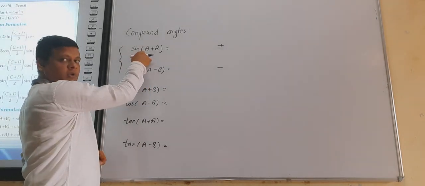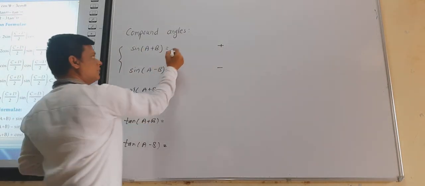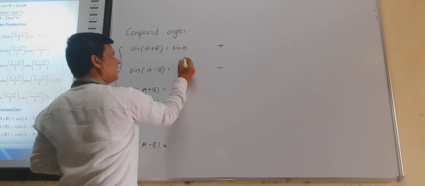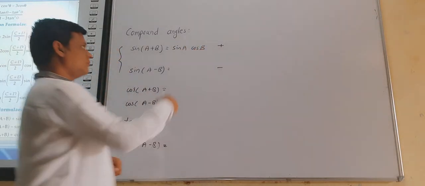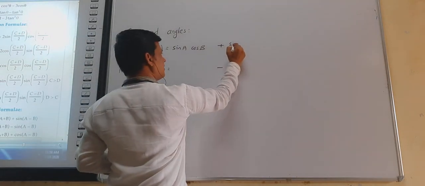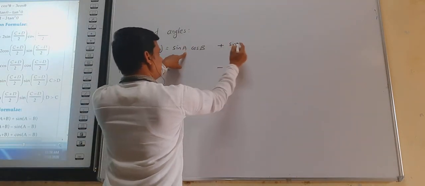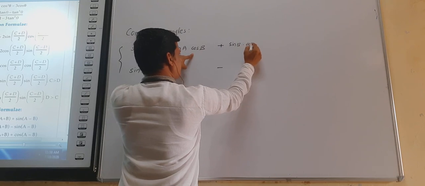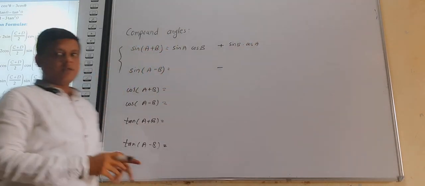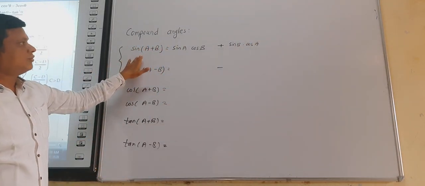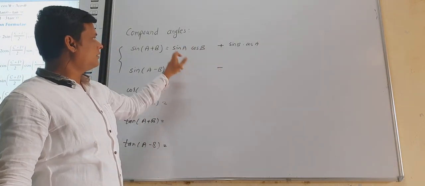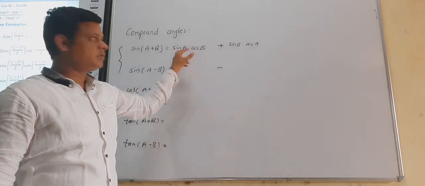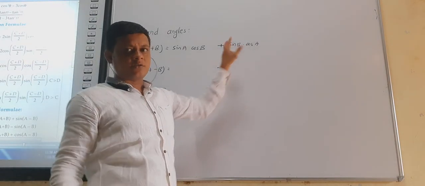In the sin formula the ratios are different: one ratio is sin, another ratio is cos. If the first ratio is sin A, we have to write cos B next, and then cos A and sin B. That means in the sin formula, the sign is as it is, but the ratios are different, one sin and another cos.